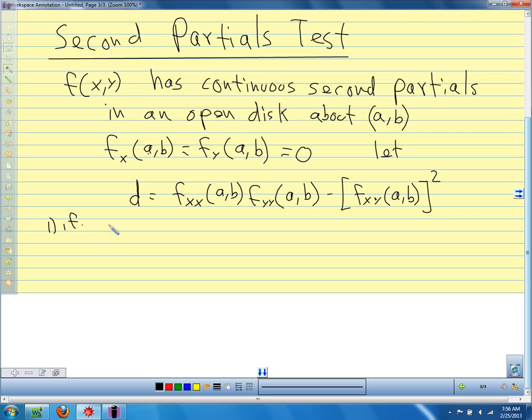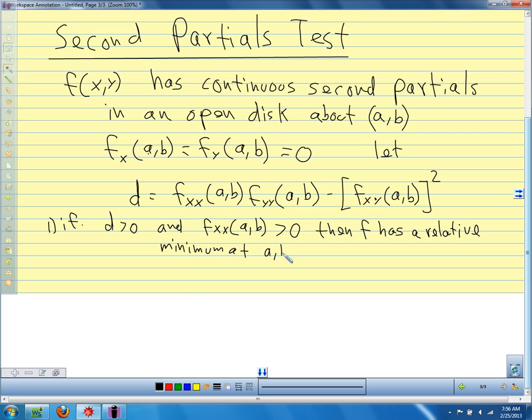One, if D is greater than 0, and f sub xx is greater than 0, then f has a relative minimum at our particular point.